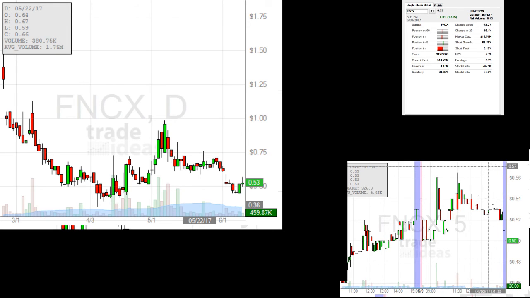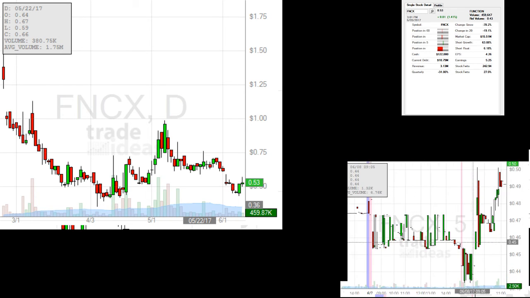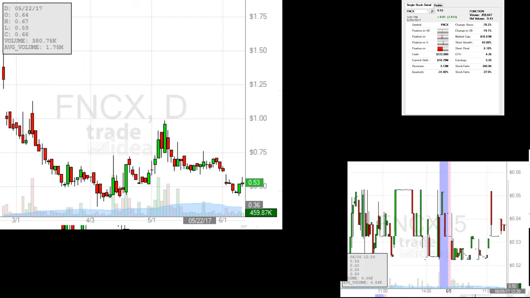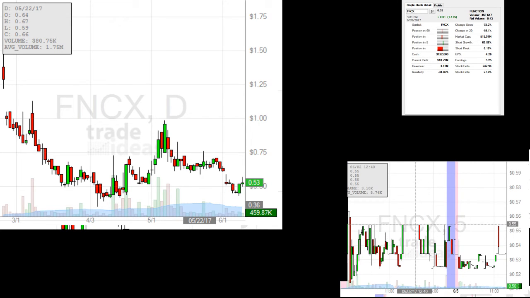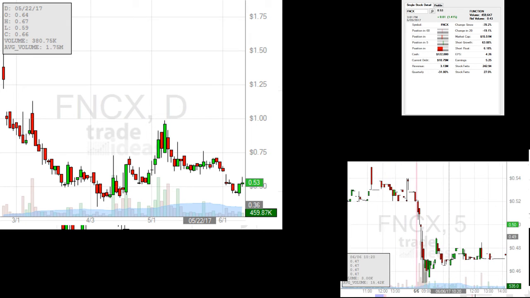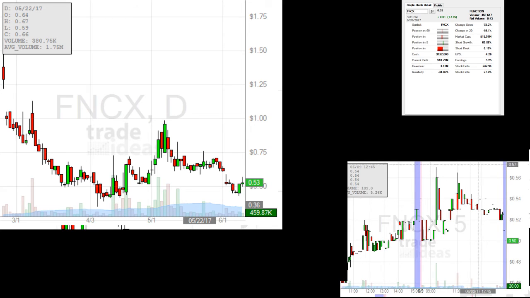Looks like your resistance point is going to be 57 on intraday, and let's see if it's tested that before and what happened. Doesn't look like it's ever tested it before, so it looks like this is its built resistance point.